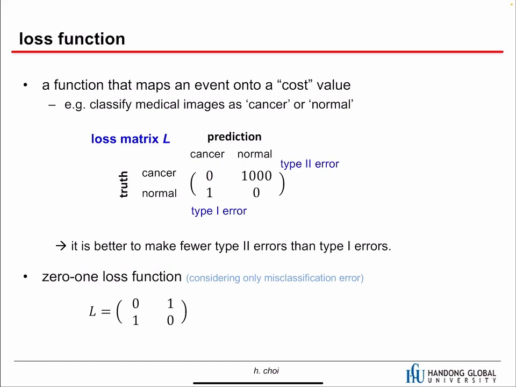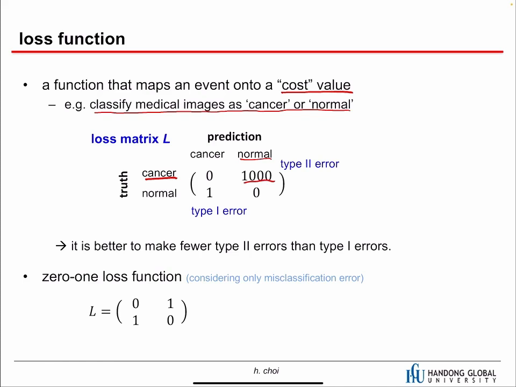So we actually put a cost value. For example, when we classify medical images as cancer or normal, then there is a different kind of cost. So truth is cancer and the prediction says, oh, this is normal. Then this is serious. This is a big problem. So we put a lot of cost here.